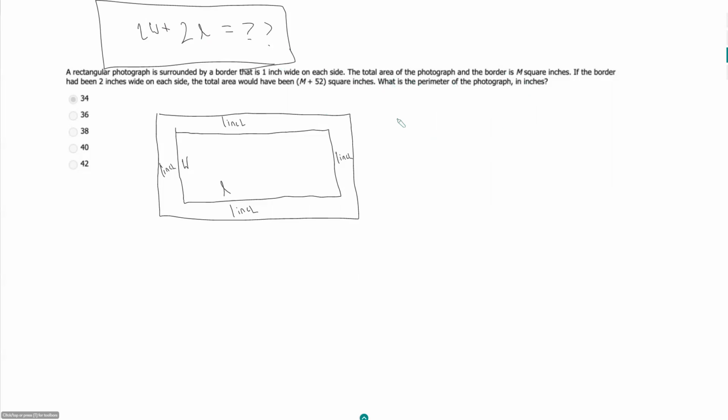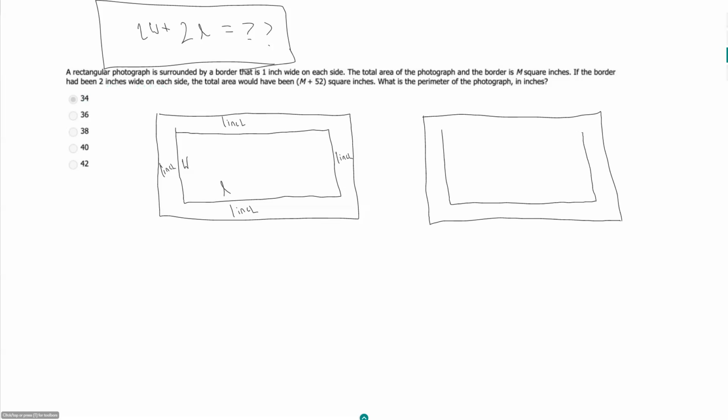And then they tell us if the border had been 2 inches on each side. So what does that mean? That does not mean that I'm adding 2 inches. That means I'm adding 1 inch, right, to each side.